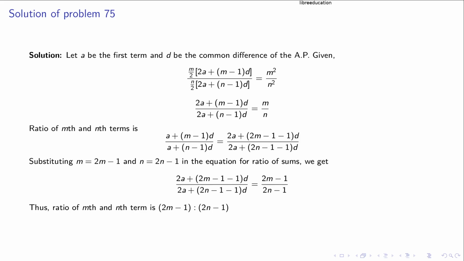So if you look carefully at the ratio of mth term and nth term and the ratio of sum of series, then you will quickly realize that if we substitute m as 2m minus 1 and n as 2n minus 1 in the sum of series formula, then we will have our answer. So we substitute it there and we get the ratio of mth and nth terms as 2m minus 1 is to 2n minus 1.